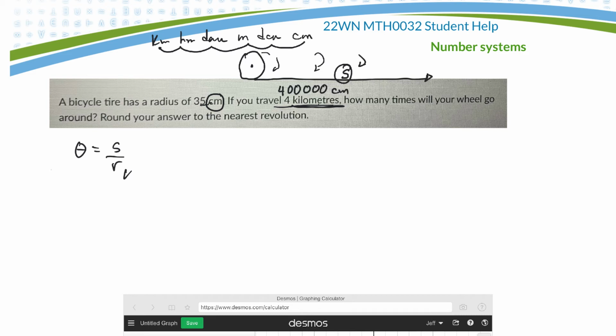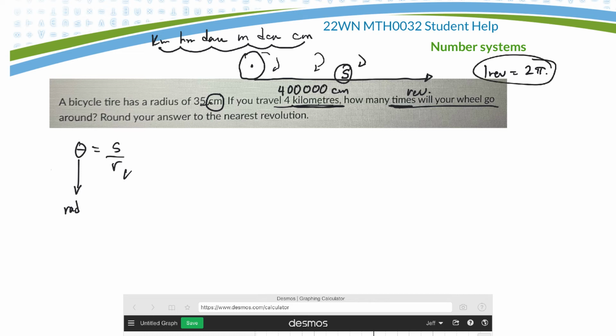So 4 kilometers are the same as 400,000 centimeters. And they ask, how many times will the wheel go around? Well, this formula gives me an angle measurement or turn in radians. But they're asking how many revolutions it will be. I do know that 1 revolution is the same as 2 pi radians, so I'll have to use that conversion at the end.